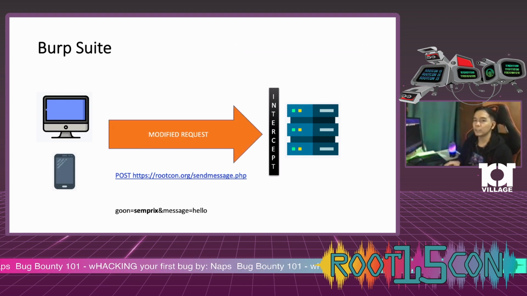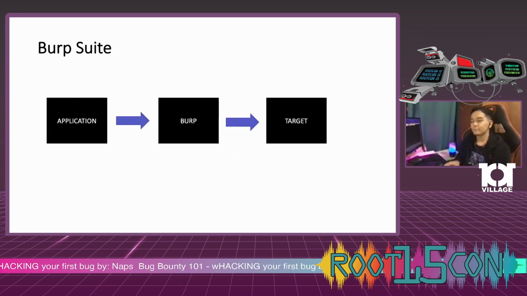And we could remove the intercept or the blocker of Burp Suite, and now we can forward the request again. Now that we know that Burp Suite can see requests, HTTP and HTTPS protocol, we can also use this for debugging and analyzing applications, as long as we can modify the proxy of the application.